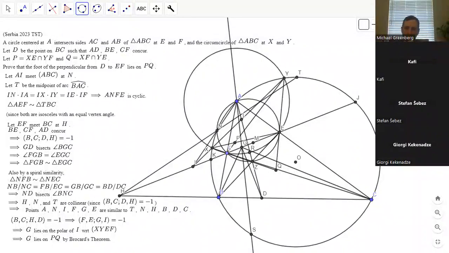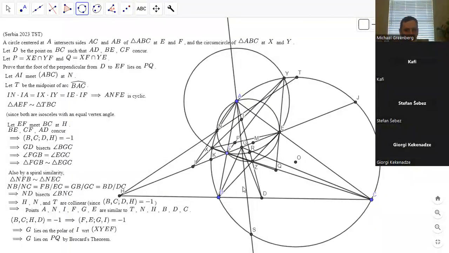So if S were also on the same Apollonius circle, then we would have the ratios which would prove that it's harmonic. Yeah, NP over NC is SP over SC. That would prove it's harmonic.